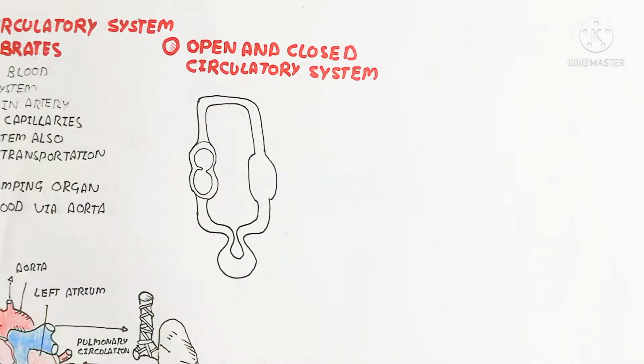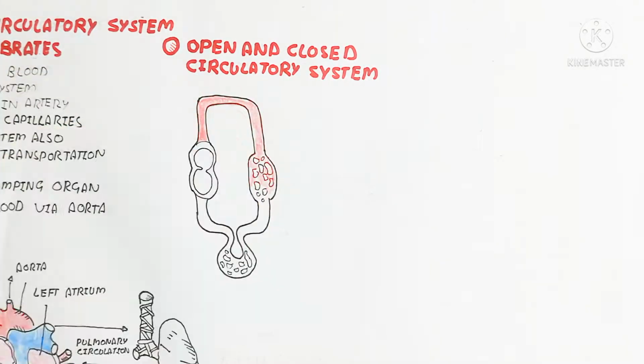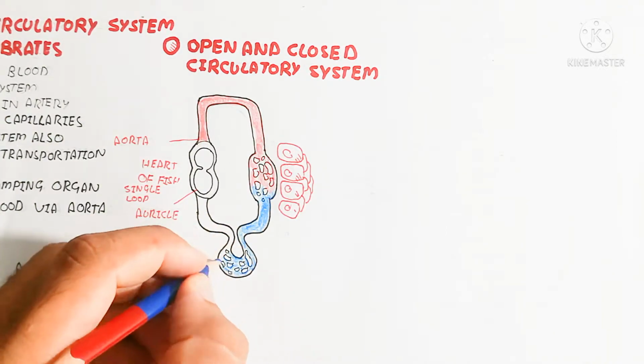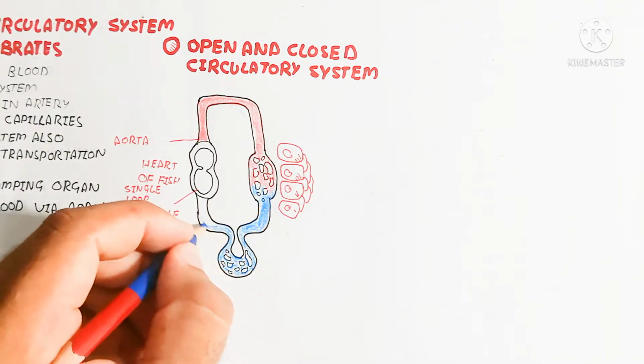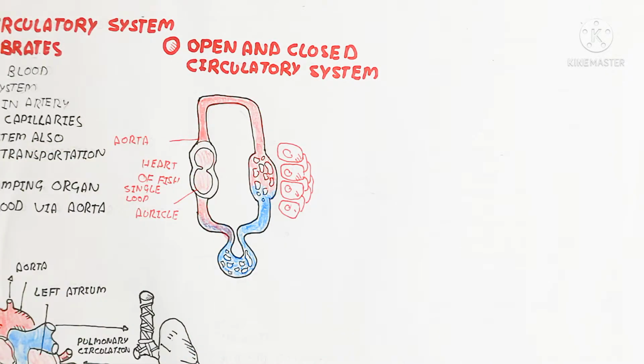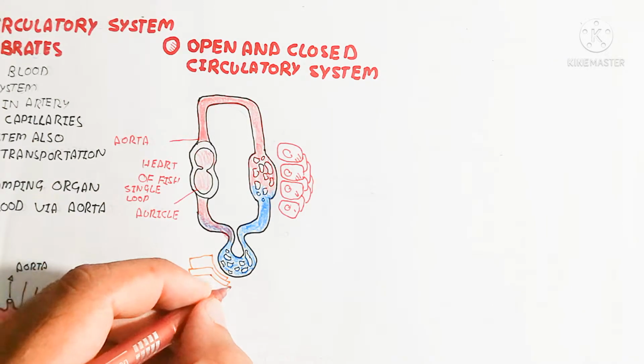First of all, here we will discuss the differences between open and closed circulatory systems. The open circulatory system evolved in the arthropods. So let's begin to understand. Here is the closed circulatory system, which is used in the single loop in the fish.